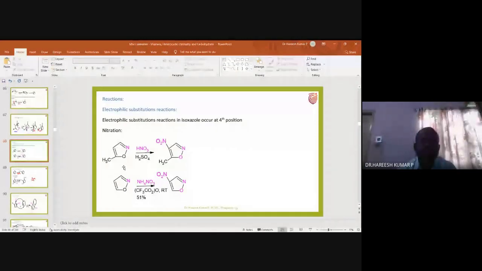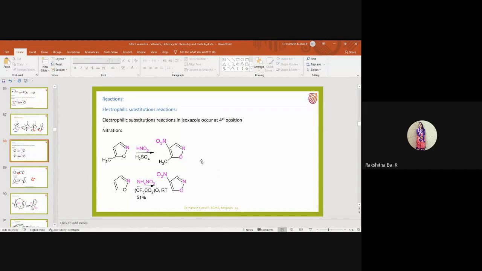And the fifth step is removal of proton and the product formation. So 5 steps are involved in electrophilic substitution reactions of nitration. Is it clear? Is there any doubt? Shall I go to the next one? Yes, sir.